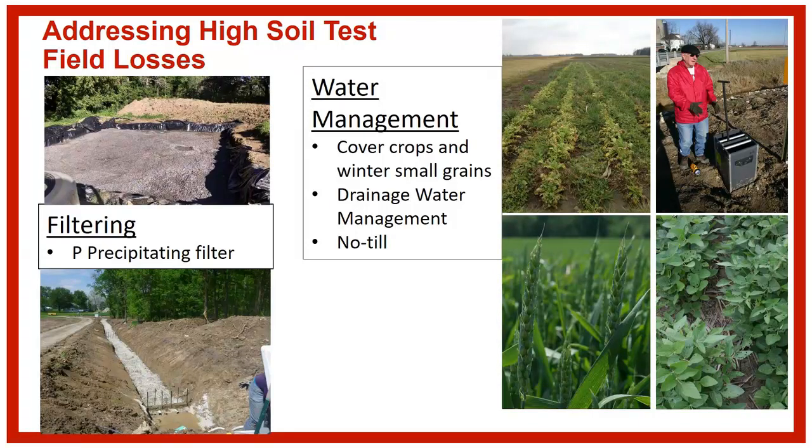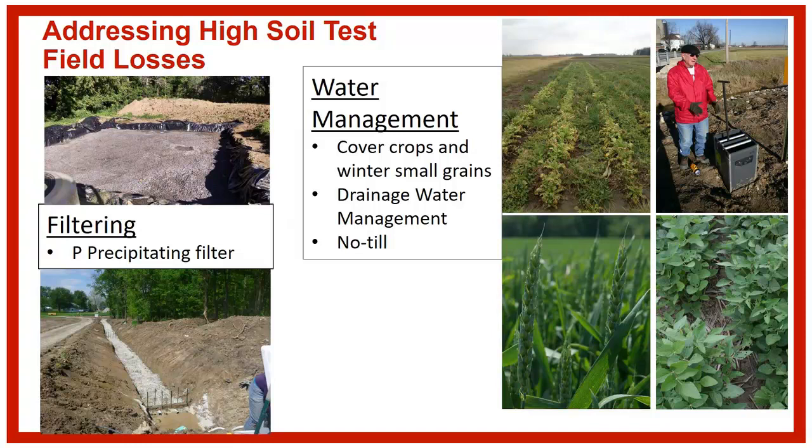If you're seeing soil test results from farms that you work with be above 100 parts per million, I think it's a good thing to check out. See if that field has the potential to be contributing at some of these higher levels that justify thinking about putting some practices in place that think about water management.